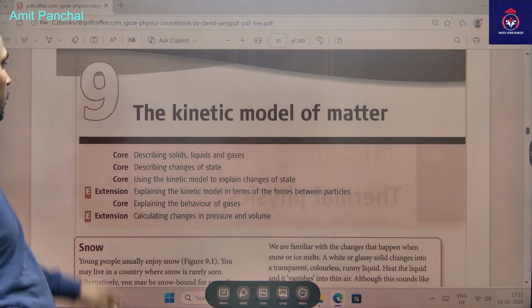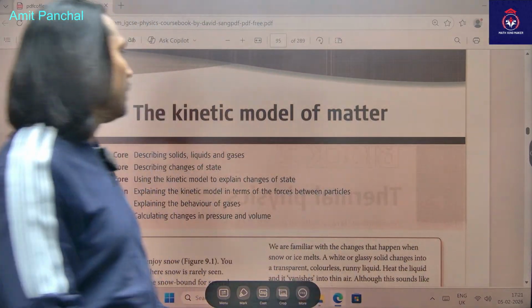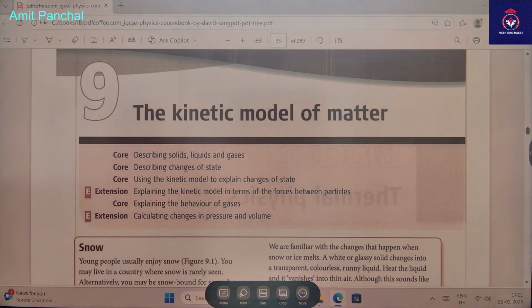Okay. So, first chapter of your thermal physics is the kinetic model of matter.